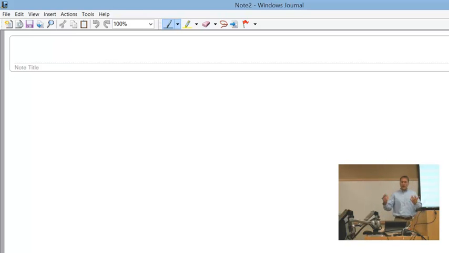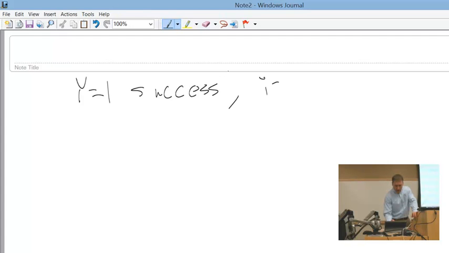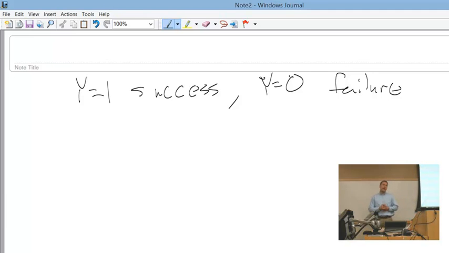The way that logistic regression is typically represented is that we have a response variable, a y, and it can be either a 1, which is often referred to as a success, or it can be equal to a 0, which is often referred to as a failure. So we have two different populations denoted by a 1 or a 0, or a success or a failure. That's just standard terminology used with logistic regression models.